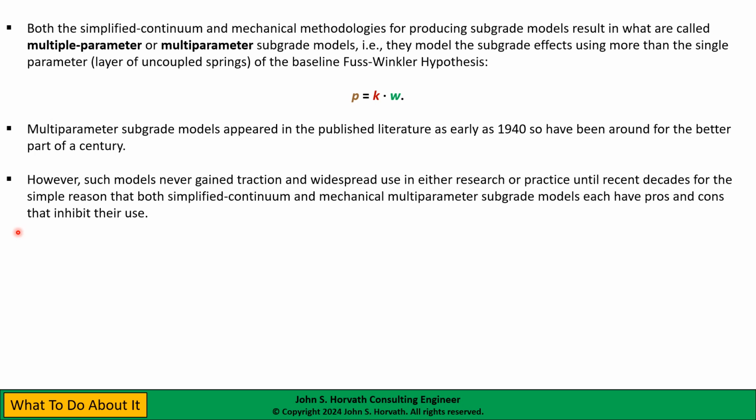And all I got was a big yawn. So it took me a while to realize that simply having a multi-parameter model was not enough for academicians and design practitioners to embrace it.